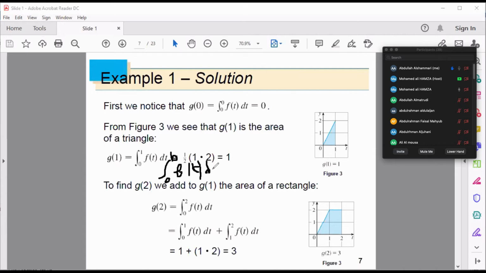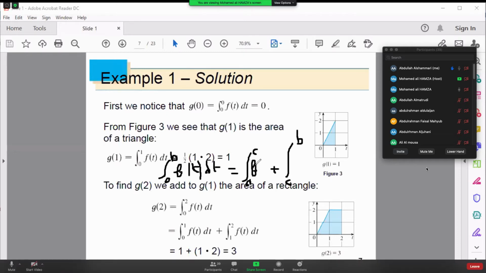Okay, it's equal to the integral between a and c plus the integral between c and b. Then what we introduce, we add the points. We start at a, we finish at c, then we start at the same point c, and we finish at b. Obviously here we have to write f of t dt.